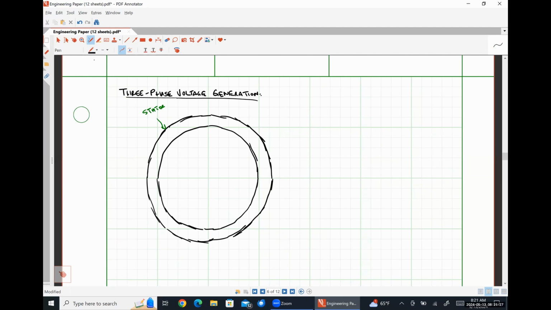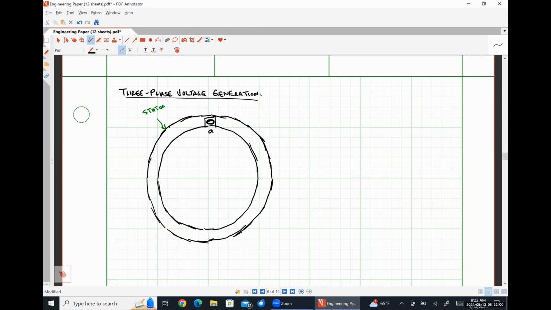And embedded into the stator are usually coils of wire, okay? So I'm gonna say that this is a very simple machine. And so we're gonna have one coil of wire right here, that's gonna correspond to the A phase of our system. And so I'm gonna put a circle here like so. I'm gonna put the little letter A that's letting us know that this is for the A phase.